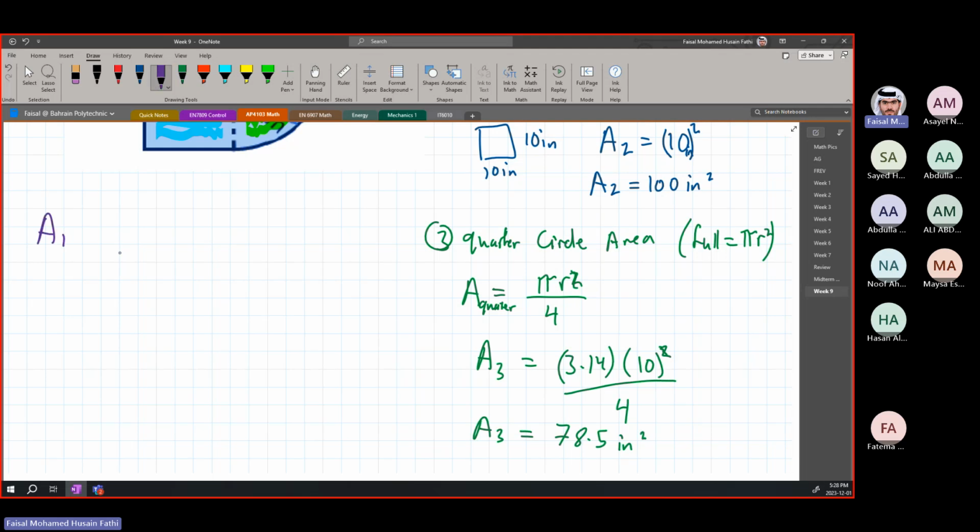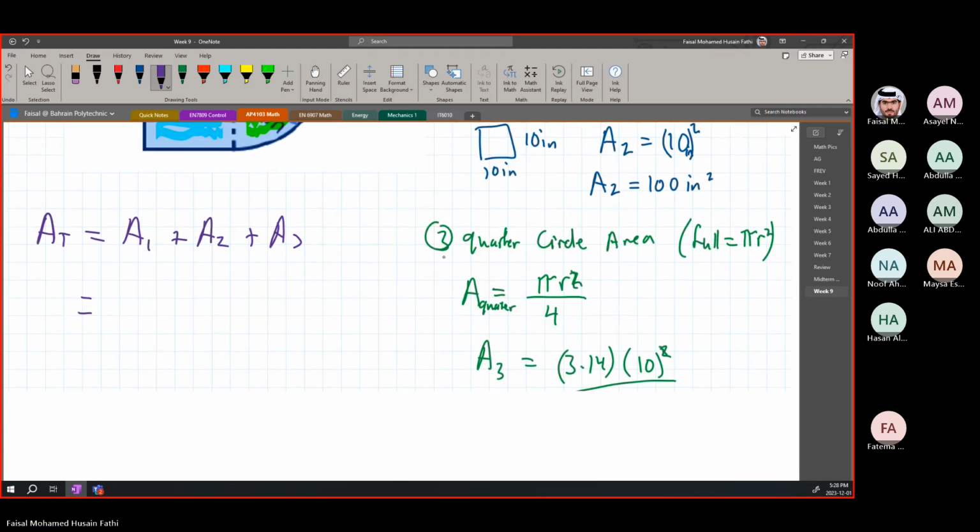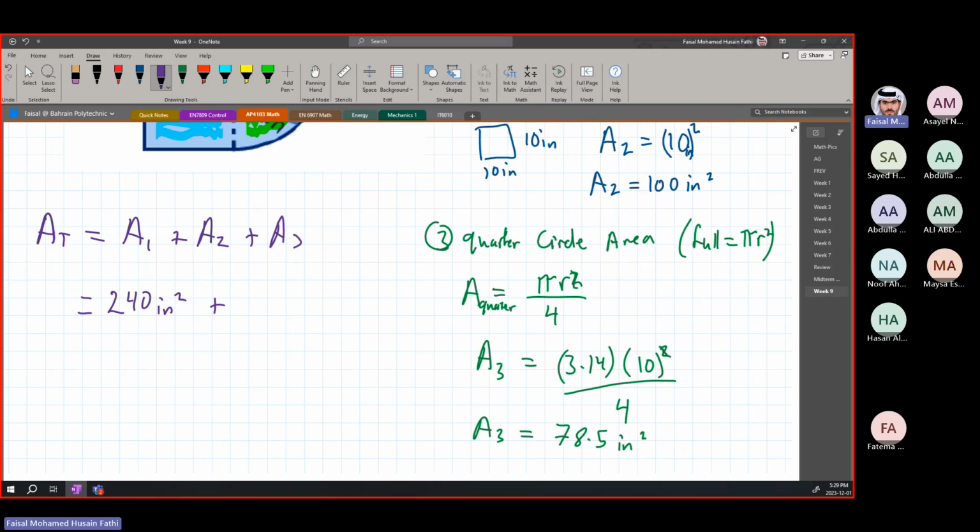So A total is equal to A1 plus A2 plus A3. A1 was equal to 240 inches squared, plus A2, which is equal to 100 inches squared, plus A3, which is equal to 78.5 inches squared.